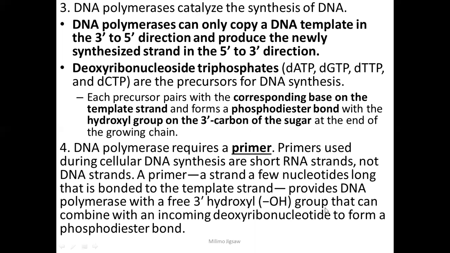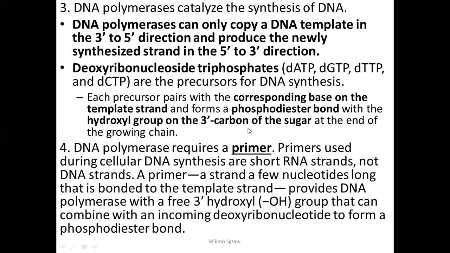This provides DNA polymerase with a free 3' hydroxyl group, which can be used to combine with the incoming deoxyribonucleotide to form that phosphodiester bond that we talked about at the 3' end. So it needs a primer.